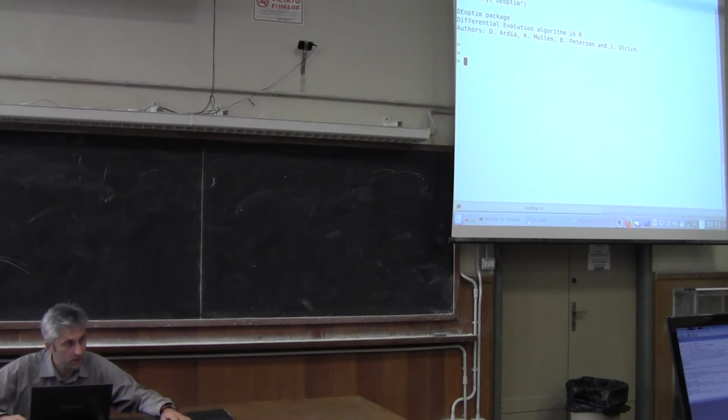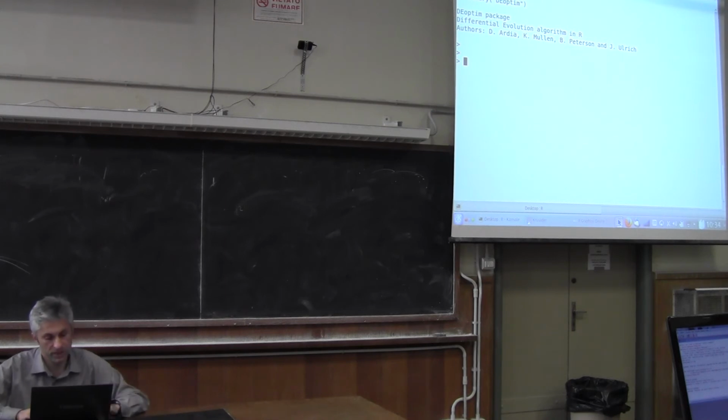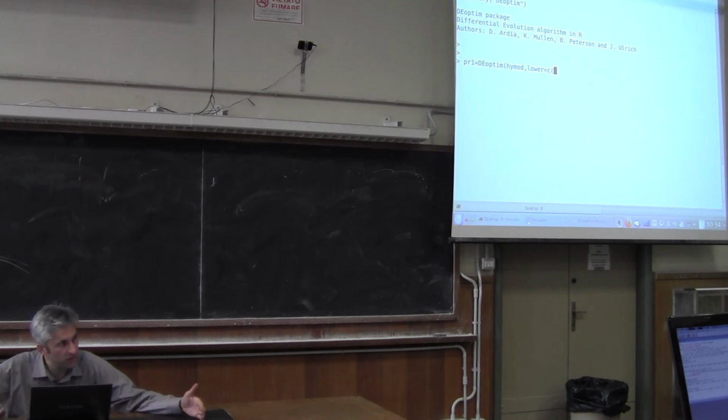Now we can start the optim, okay? And let's give the result to a dummy variable. So DEoptim, mod. lower equals c, the lower parameter vector, lower values for the parameters.